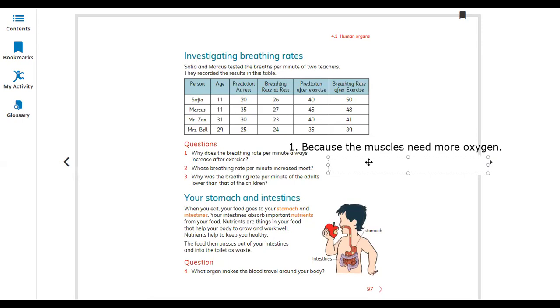So you can write it: this per minute increase.